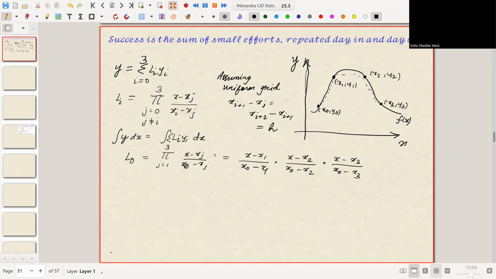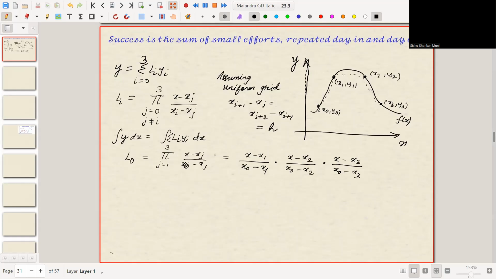Now you can see why it is getting difficult. The denominators you can easily write, the denominator is easy, but the numerator is where you might face a bit of a hard time.